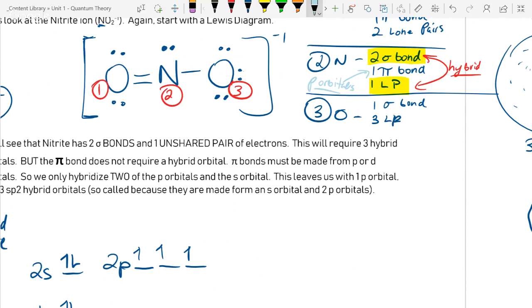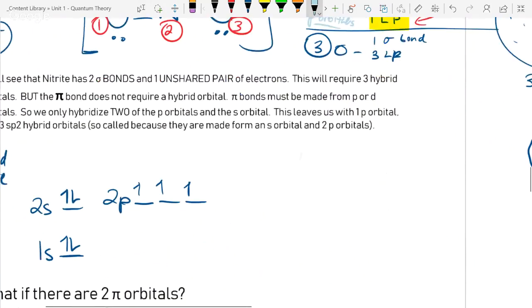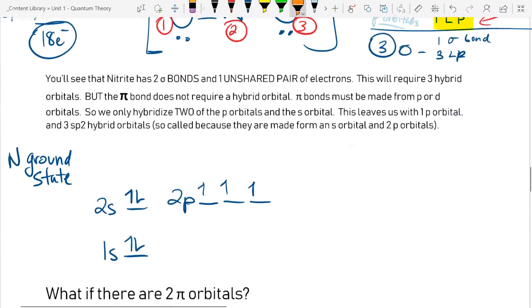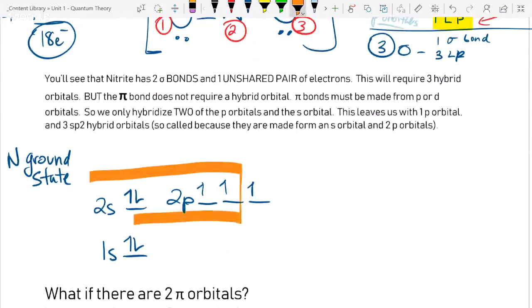Pi bonds are made in p orbitals, which means when I go to hybridize this, I need to save one of the p orbitals. And so what happens is these will hybridize, right?